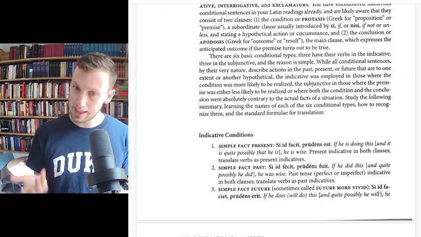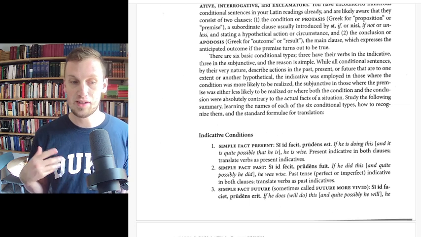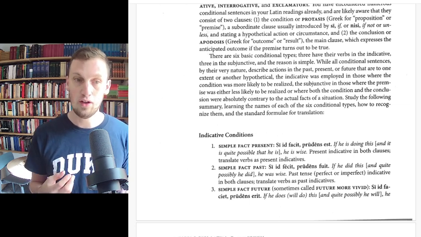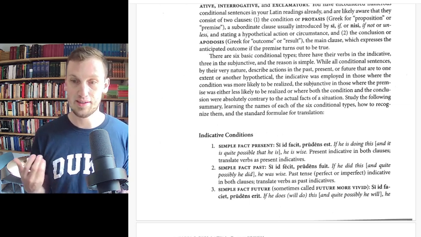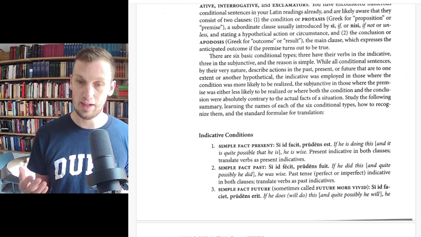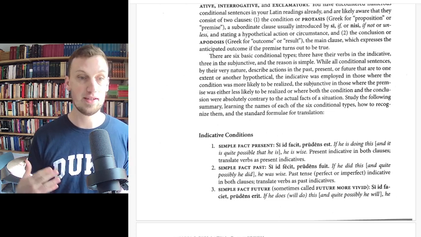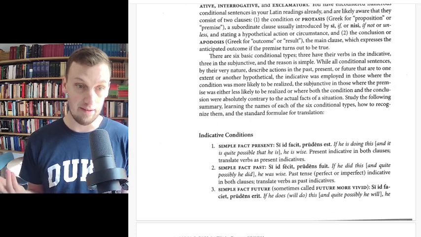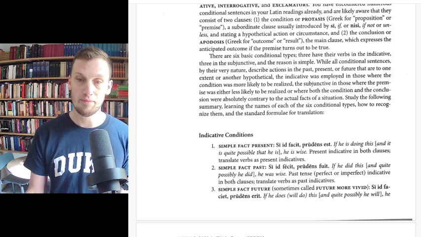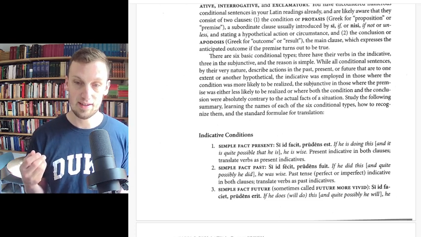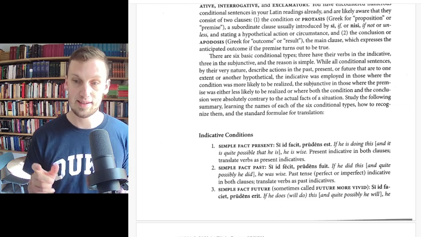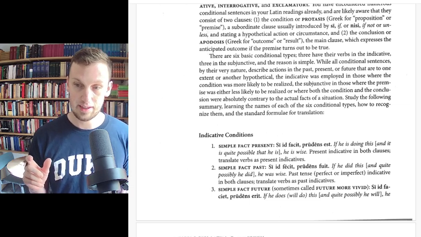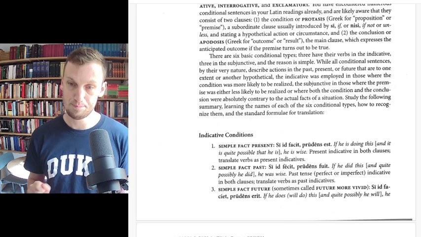That's a little complicated. We've talked about this, and there are different ways to talk about what's going on with the perfect tense verb. But note here, it's functioning for the purposes of a conditional sentence as a past tense. And I think that makes good sense. If he did this, si id fecit, if he did this, he was wise.